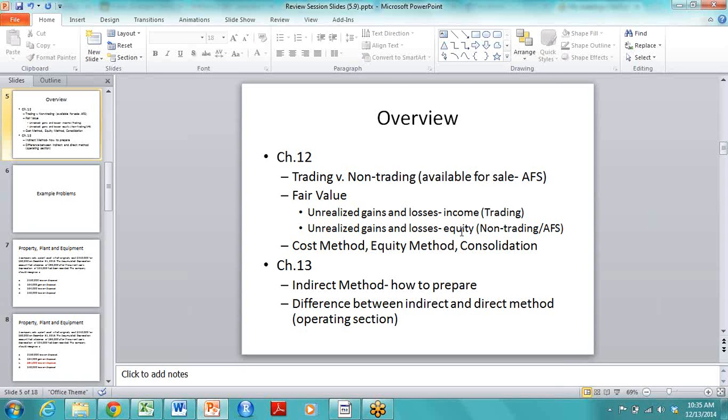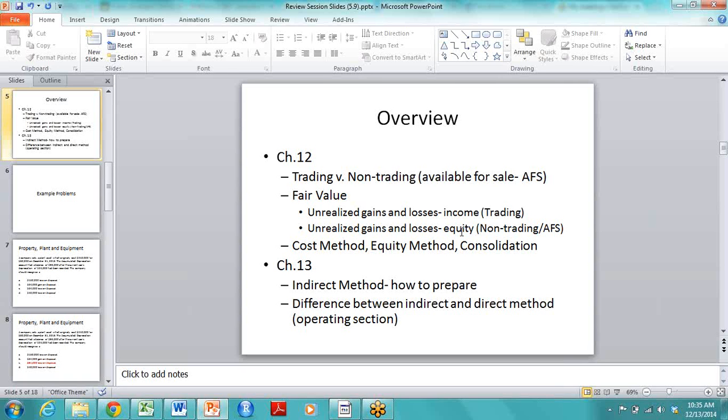Now, the equity method is when I own anywhere from 20 to 50% of a security. If I own more than 20% but less than 50, I use the equity method, and the reason I do that is I have influence over the company because I own more than 20%.